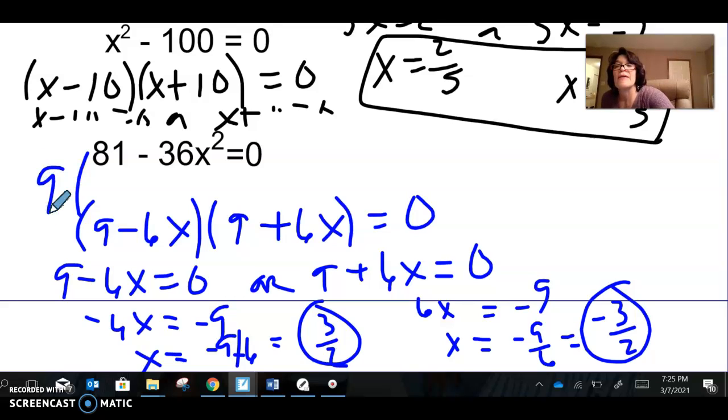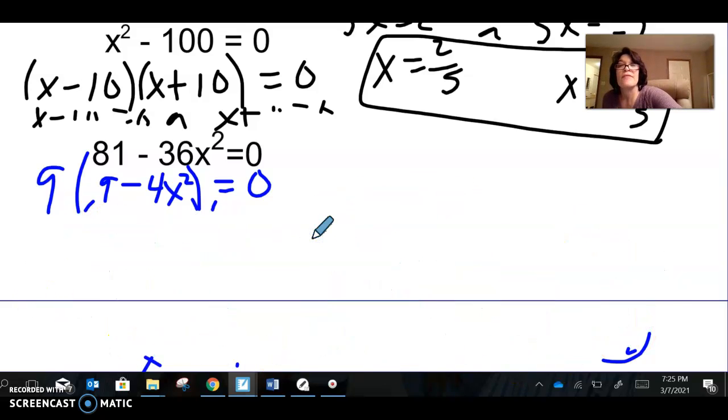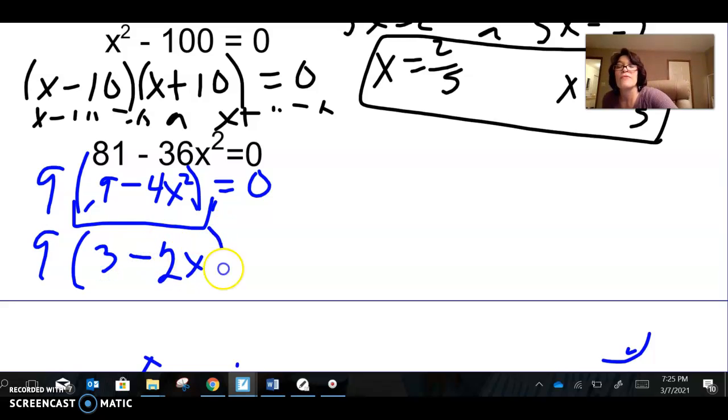When I take a 9 out, I get 9 minus 4x squared. If I would have taken the GCF out first, then this is still the difference of two squares. The square root of 9 is 3. The square root of 4 is 2. So I have 3 minus 2x and 3 plus 2x.